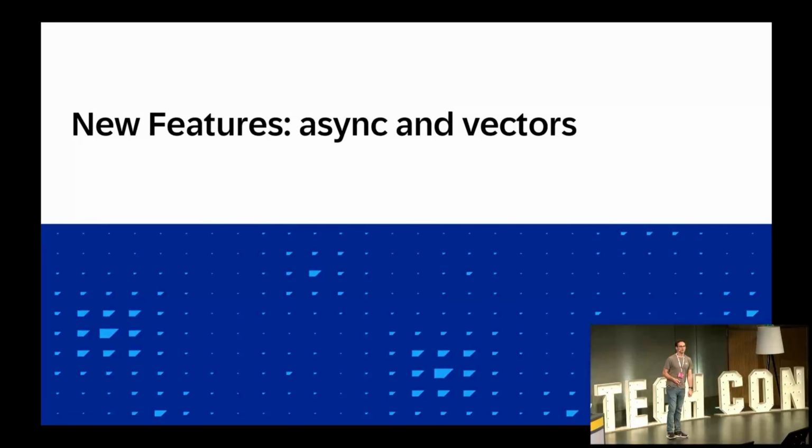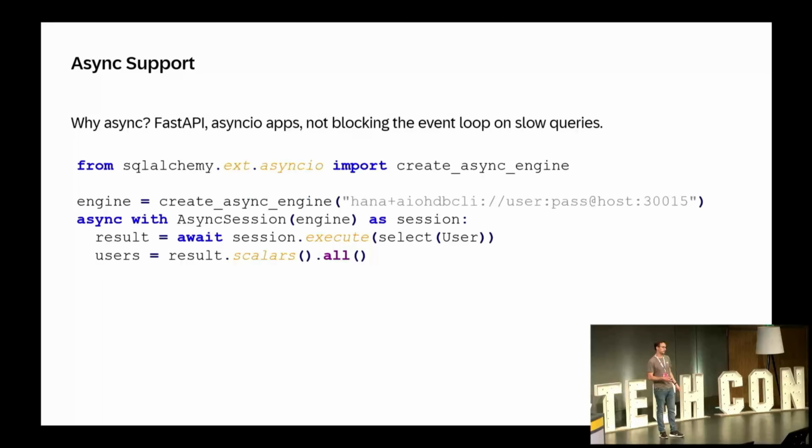So, last topic, async and vectors. Why do we care about async? Because there are many libraries like FastAPI and other async I/O apps who want to utilize it and who have this interesting event loop, so that if you're currently waiting for I/O, you can do other things and don't waste time waiting for boring stuff. It's a pretty new feature we brought into sqlalchemy-hana.